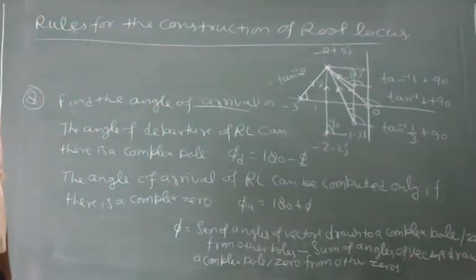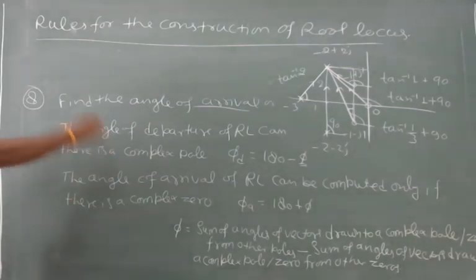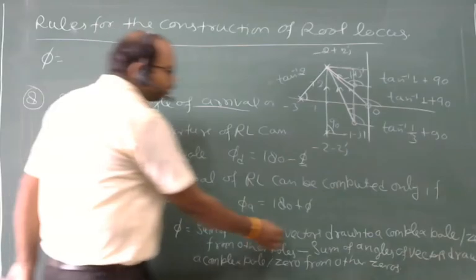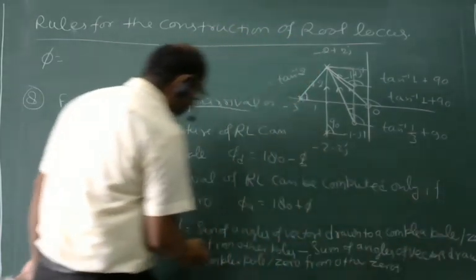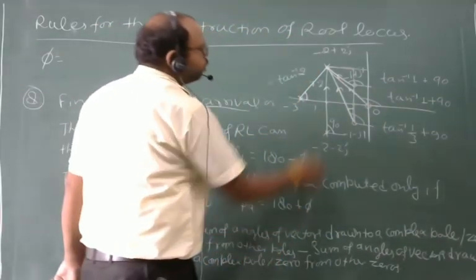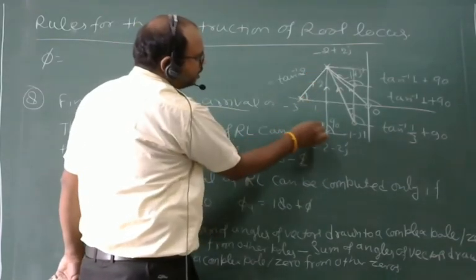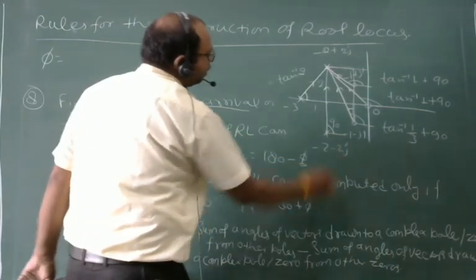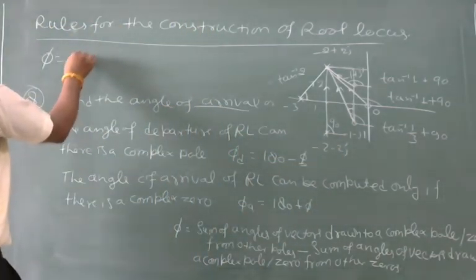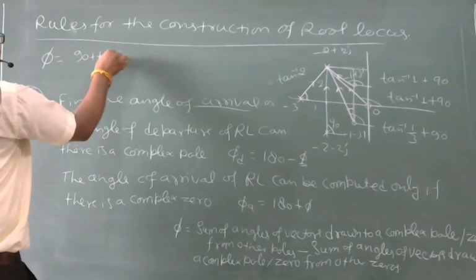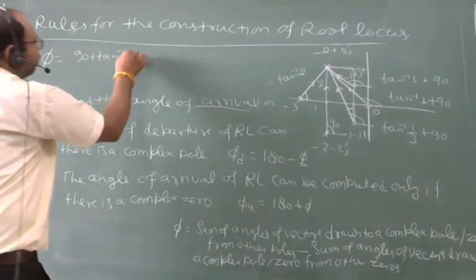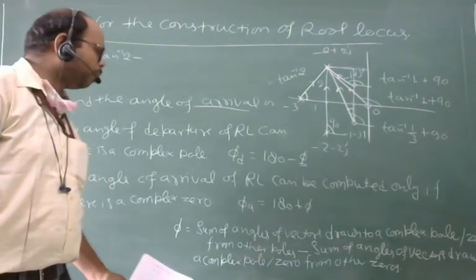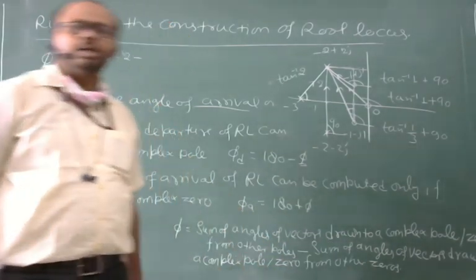Right? Now, let's compute phi. So, what will be phi? Phi is the sum of angles of vectors drawn to a complex pole or 0 from other poles. So, other poles are, one is this and one is this. So, angle is tan inverse 2 and 90 degree. So, 90 plus tan inverse 2 minus sum of angles of vectors drawn to a complex pole or 0 from other zeros.